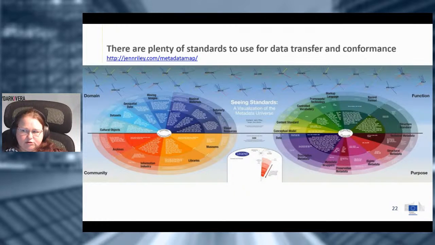So you have these two wheels where the standards are ordered according to what they are used for. On the right, you have their function. Then on the left, you have their domain. And you might be able to see the spiders on top, which also connect the standard to which of its colorful pieces it belongs to.